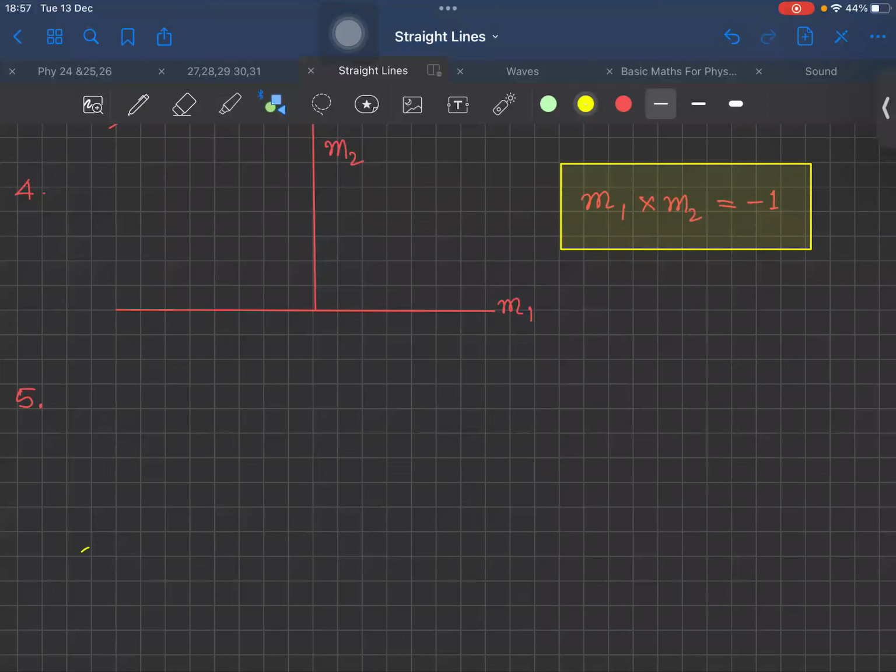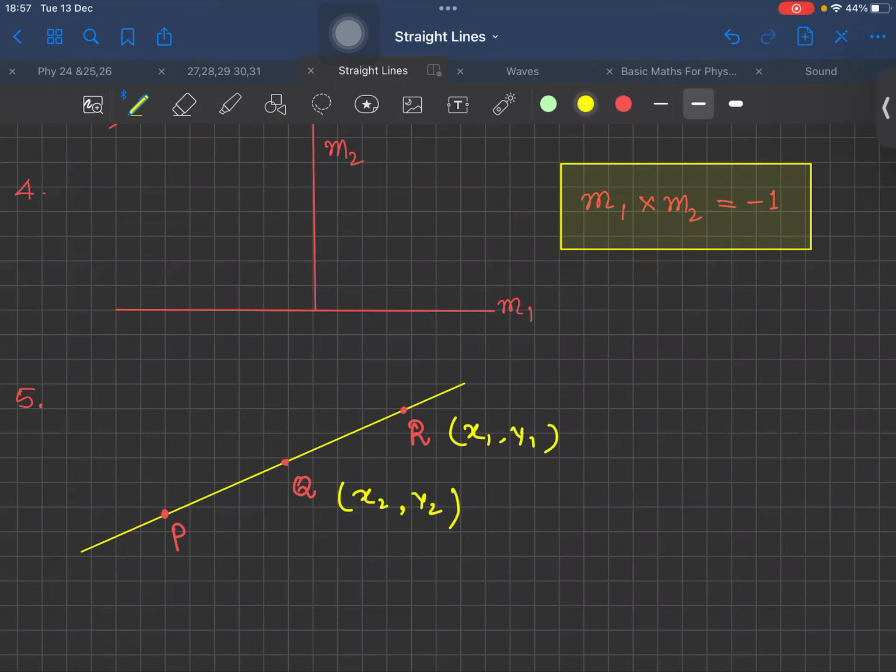Let's say there is a line like this and there are 3 points on it. Let's say points P, Q, and R. Now the coordinates of these points are x1, y1, x2, y2, x3, y3.